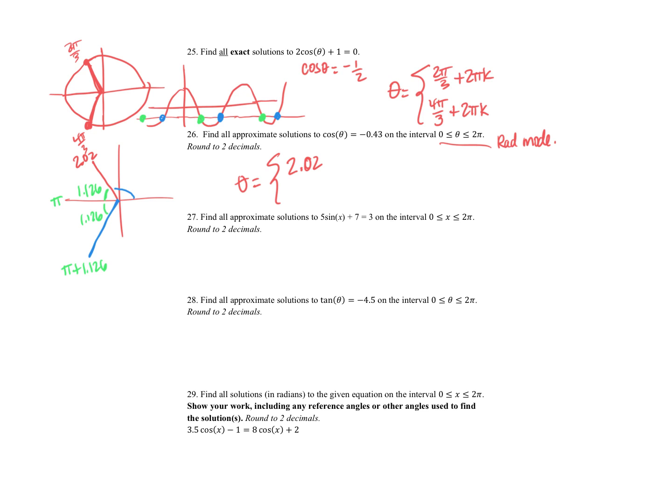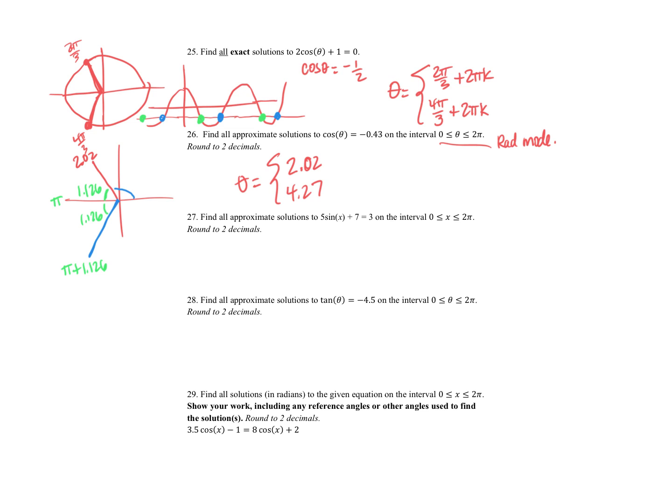If I do pi plus 1.126, I get 4.26. So that's going to be 4.27. And actually it just says the interval from 0 to 2 pi. So those are my only answers there.